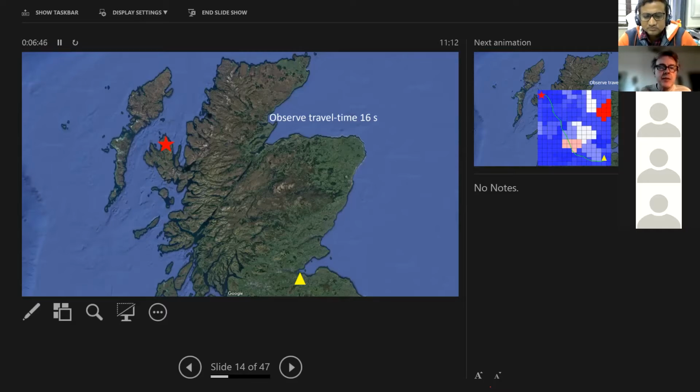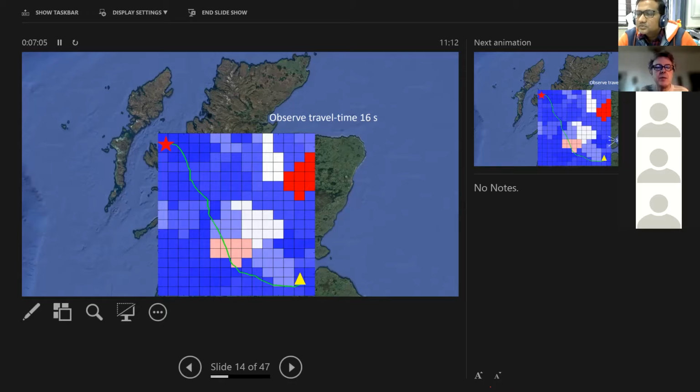So now what we want to do is to find the family of all the subsurface structures that are consistent with that observation, because any one of them could be true as far as this observation is concerned. So what we typically do is we would parameterize the Earth model into, in my group, we typically use a set of cells.